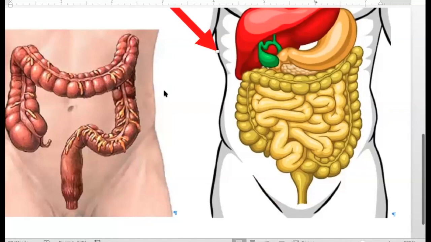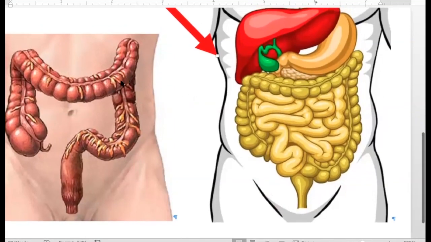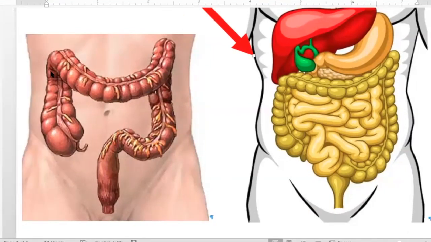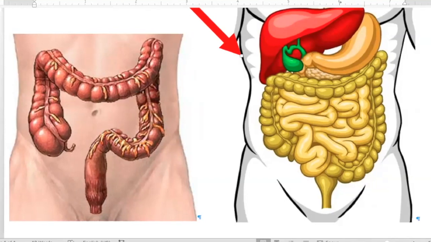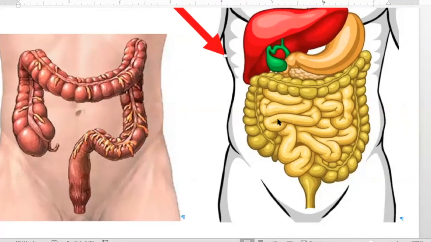So see, that's partly why I have another picture right in here. Because this is the large intestine, the colon. And the small intestine lies inside of it. So the small intestine is all that yellower stuff. Got it. Okay.